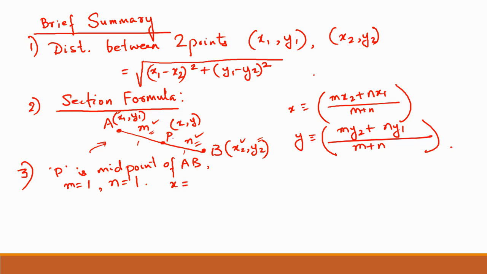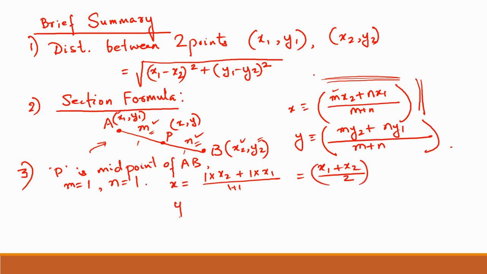Therefore the x coordinate of P, you put 1 in this equation, so it's 1 times x2 plus 1 times x1 divided by 1 plus 1. So basically you will get x1 plus x2 by 2, and y you will get as y1 plus y2 by 2.